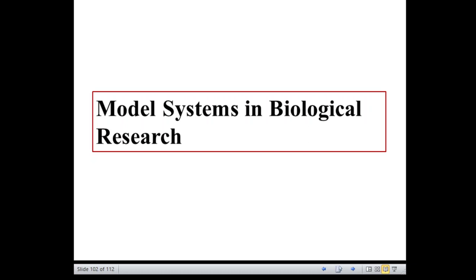and why a model system is required, what is the criteria for a model biological system, and what is the outcome of using a model system in understanding the process and concepts of biological research.